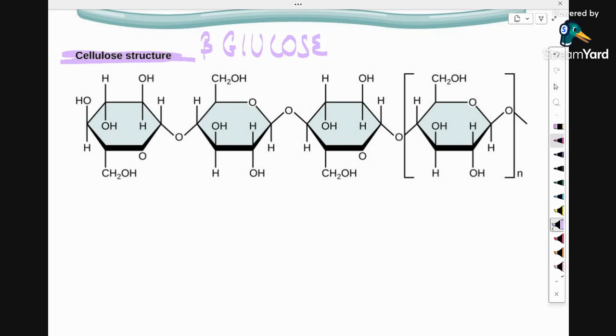What beta glucose means, and why it's used, is that you can see every other molecule rotates 180 degrees with respect to the previous one. That's also shown by the oxygens being on the other side. Each individual molecule is flipped 180 degrees.